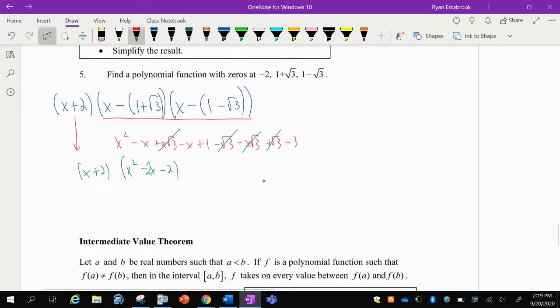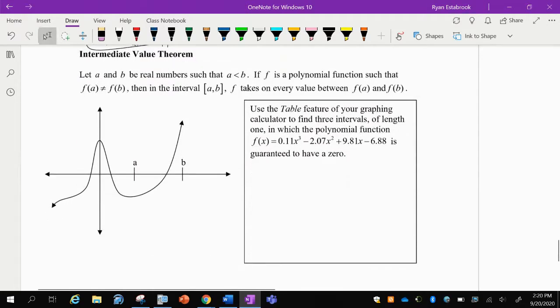All right, so now we're going to do one more last multiplying. X is going to get distributed: x cubed minus 2x squared minus 2x. Then the 2 is going to distribute: plus 2x squared minus 4x minus 4. Combining our like terms, we're going to have x cubed, the x squareds drop off, minus 6x minus 4.